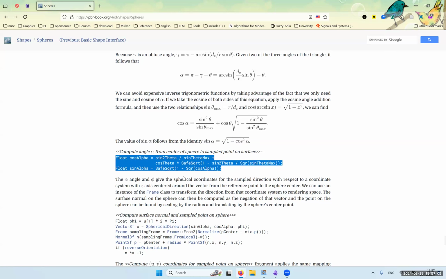The alpha angle and phi give the spherical coordinates for the sample direction with respect to a coordinate system with the axis centered around the vector from the reference point to the sphere center.